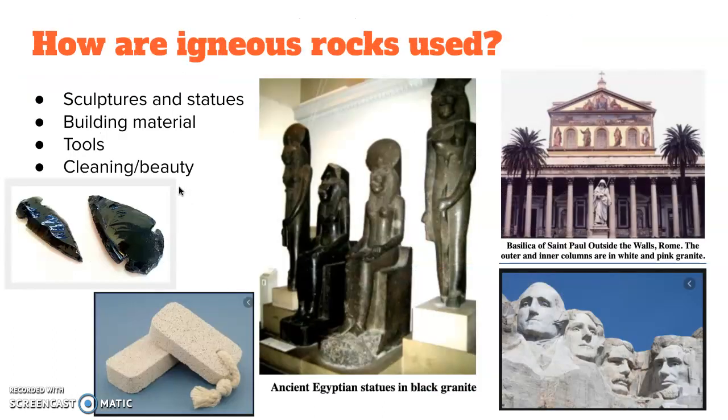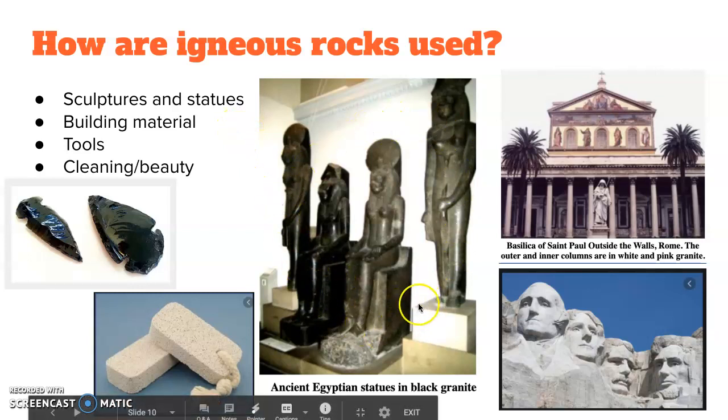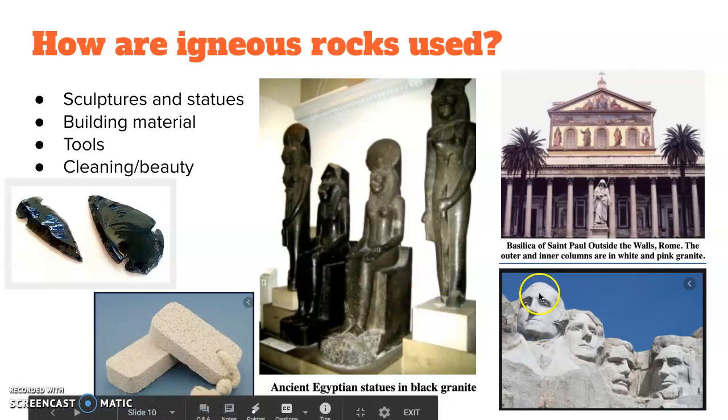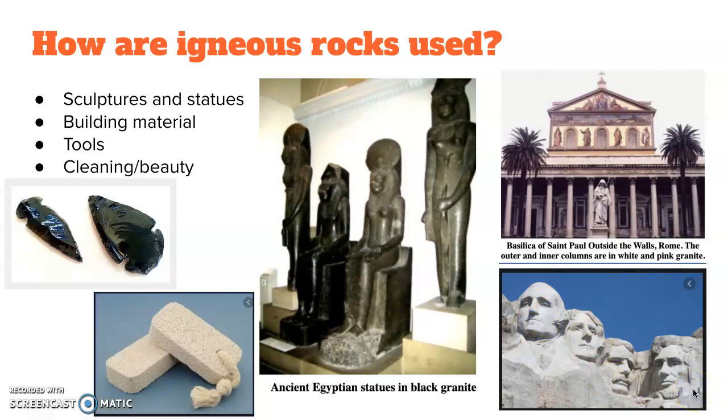All right, the last part of this section we talked about was how igneous rocks are used. And some of the ways that we talked about in class were sculptures and statues. So here we have ancient Egyptians using black granite to carve sculptures. We here in the United States have some sculptures of the 4 presidents that are carved into the side of a mountain.